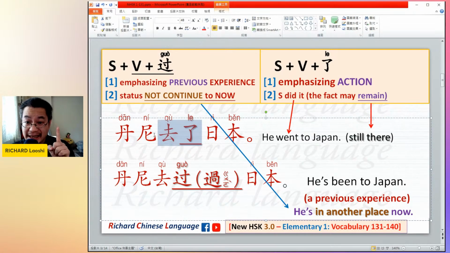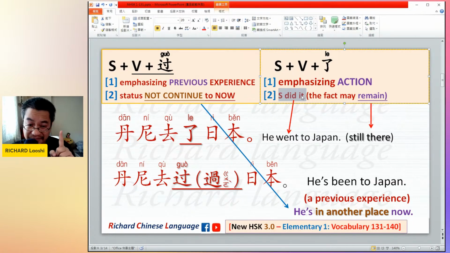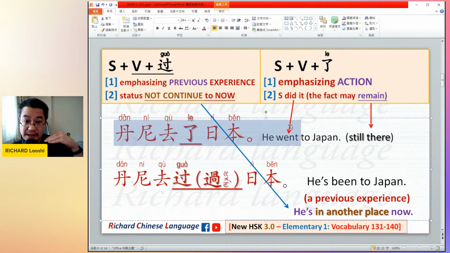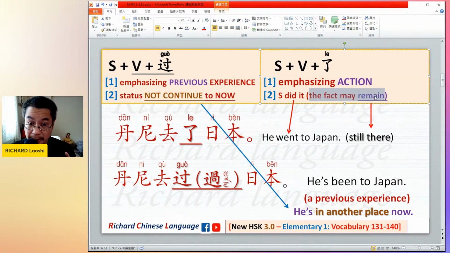So when you say 丹尼去了日本, first of all, Danny did it. Danny went there already. Second point, the fact still remains. Danny set off and is now still in Japan. So this is what I want to tell you. The fact still remains. This is about 了.